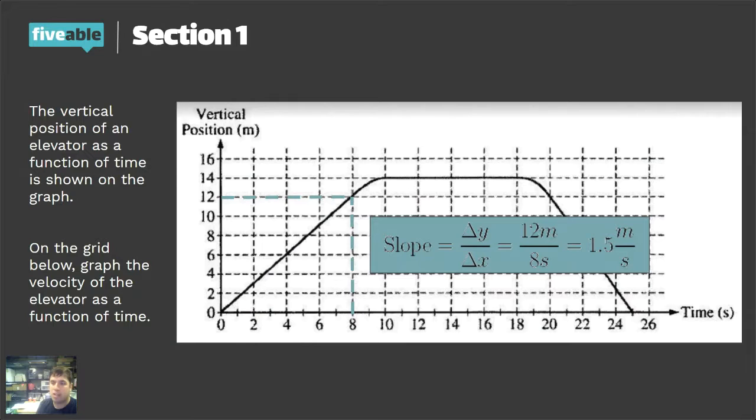I'm going to choose the nice one that has the crosshairs nicely on it. In my case, it's 12 and 8. 6 and 4 also looks really good as another point you could do. Would give you the same exact slope. So in this case, the slope for the blue section, delta y over delta x, 12 meters over 8 seconds to get 1.5 meters per second.